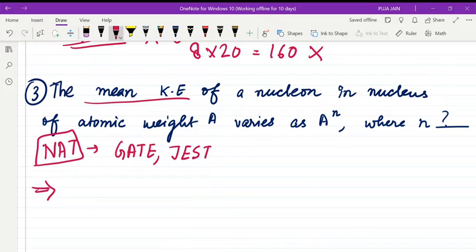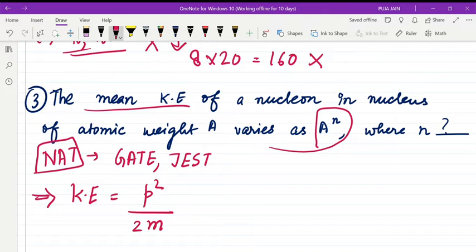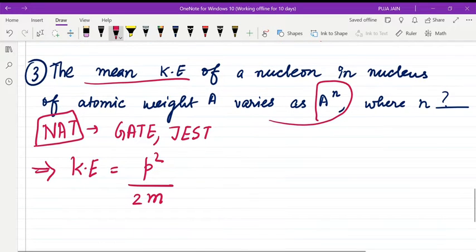They have said the mean kinetic energy of a nucleon is dependent on the atomic weight A as A to the power n. You need to find the value of n. Now we know a relation that kinetic energy is equals to P square by 2m, where P is the linear momentum.